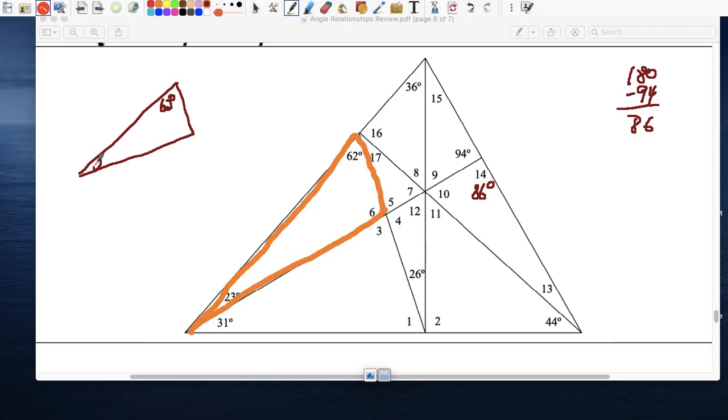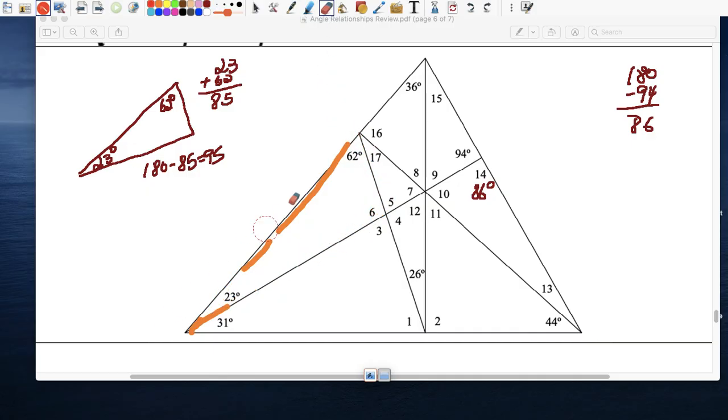This is 23 degrees. We know a triangle has the sum of all three angles 180, and we can find angle 6 very easily. So 23 plus 62 is 85. And if you do 180 minus 85, you're going to get 95. So angle 6 is 95 there. All right, so that isn't that bad? That's 95 degrees.